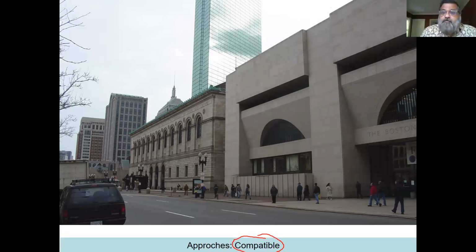So here's an example of Boston Public Library. It was constructed in the late 19th century by the McKim, Mead, and White firm, and that's the original library here. And in the 1960s, the city and the library trustees realized that the library needed to be expanded.